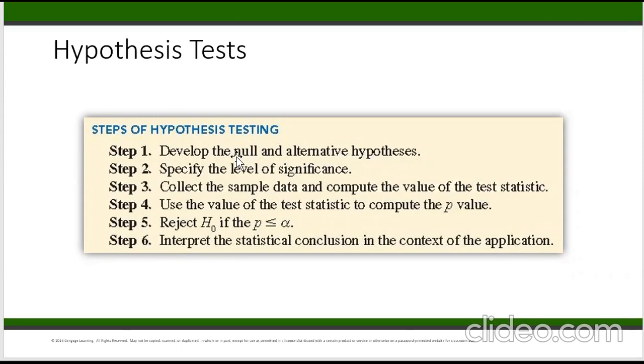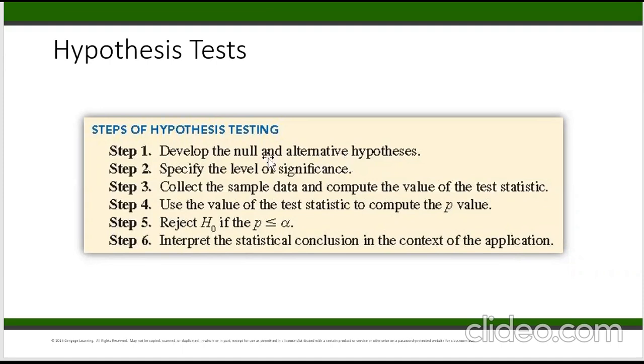If it's an assumption, something that we assume, we put it in the null. If it's something that we hope for, or something that we claim, or something that we need strong evidence for, we put it in the alternative hypothesis. Most of the time, if you have a statement and you want to test to see if it's true or not, you should put it in the alternative hypothesis, for most cases that we're dealing with in this course.